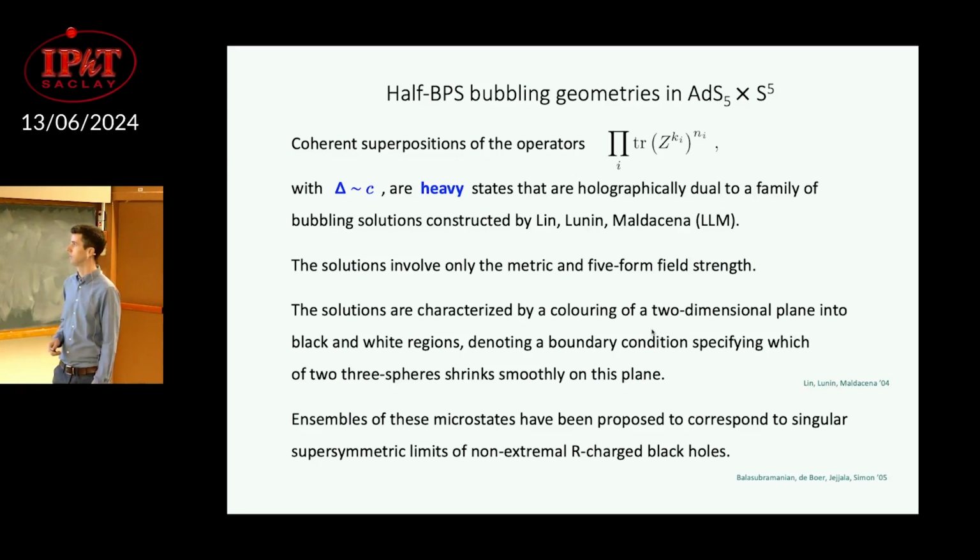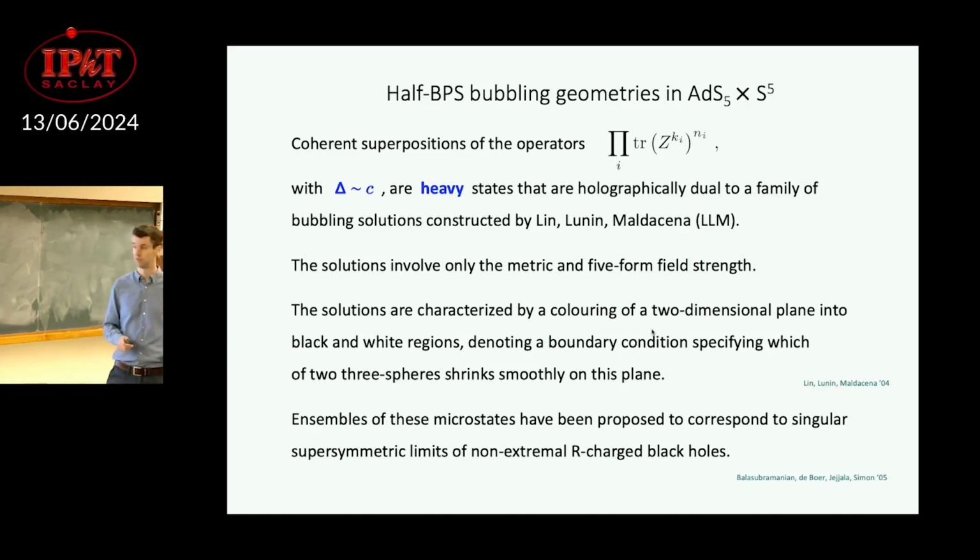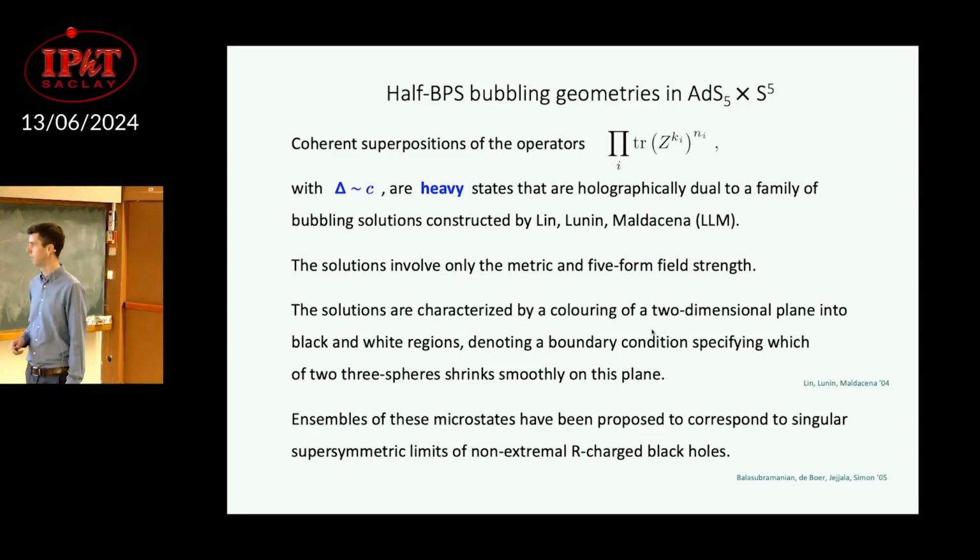And so this is a celebrated story, and ensembles of these microstates give rise to singular ensemble geometries, and this can be the whole story here of taking extremal limits of non-extremal R-charged black holes, which have finite size horizons.